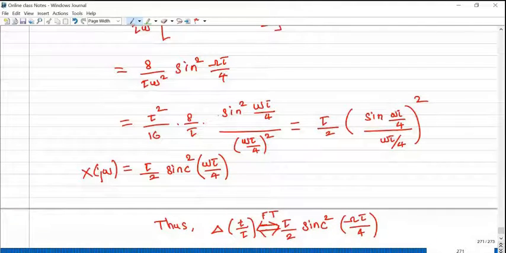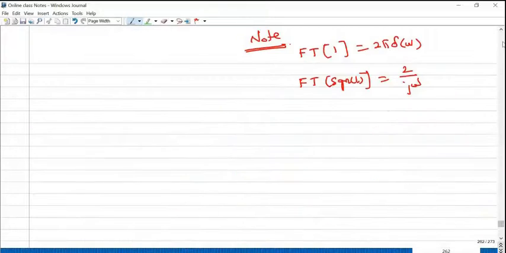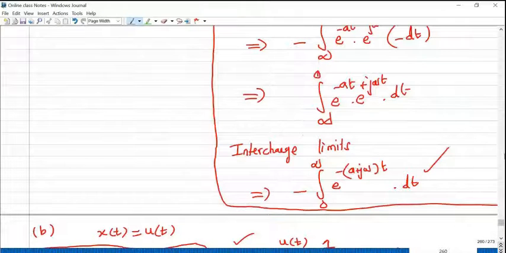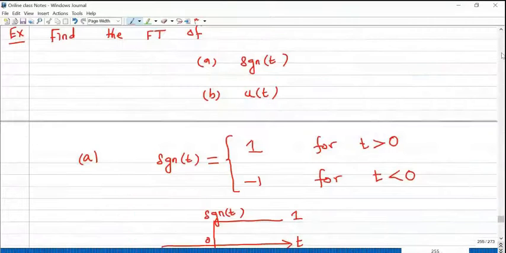So the rectangular pulse, the triangular pulse, and the previous problems, u of t and the signum function, these are all standard problems in Fourier transform.